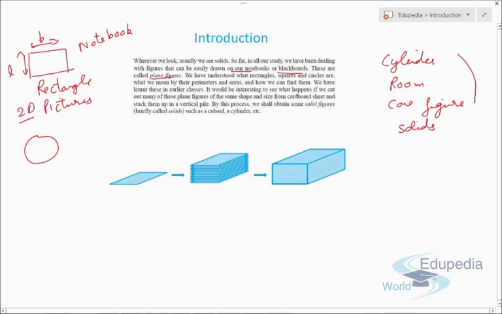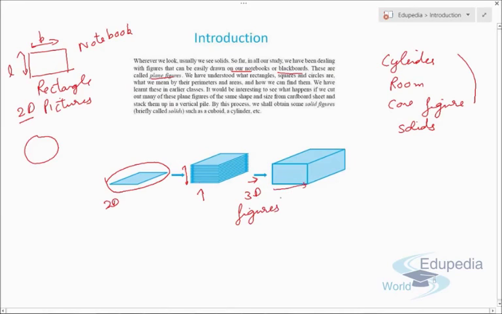Let's say this is a 2D figure. When we pile up these 2D figures one upon another like this, what do we get? 3D figures. In 3D figures we have three dimensions.